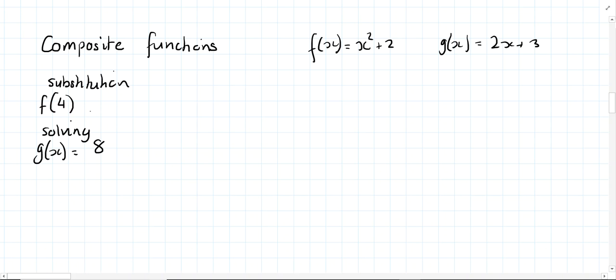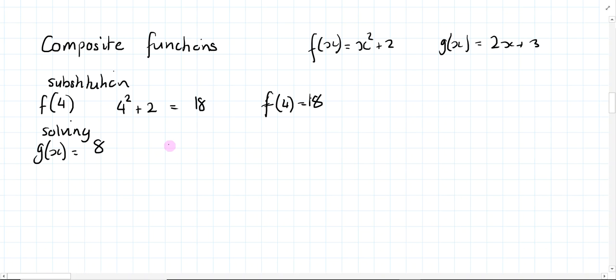So we'd apply the function to 4. I'm looking at the function f. I'd be saying it's 4 squared plus 2 equals 18. So I can say f of 4 equals 18. So we are just substituting it.